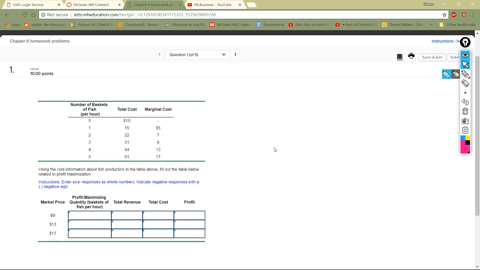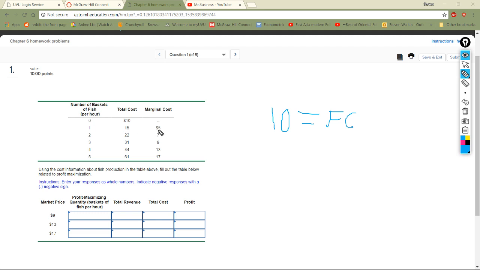So let's look and see what we have here. At 0 baskets per hour, my cost is $10. So what is probably hidden here? When I produce 0, it costs me 10. That means 10 is FC, fixed cost. Okay. Then, as I add 1 here, I have $5 to total costs.